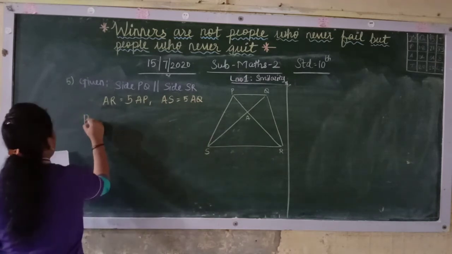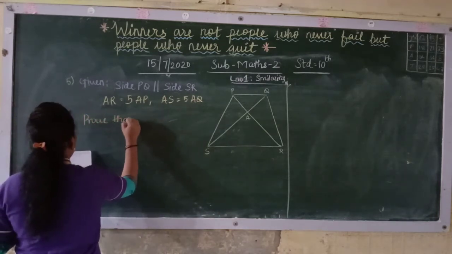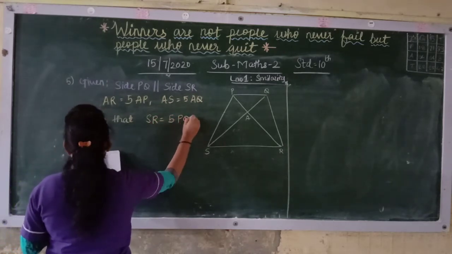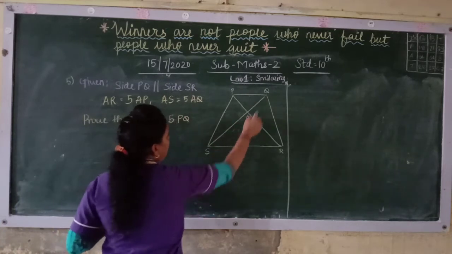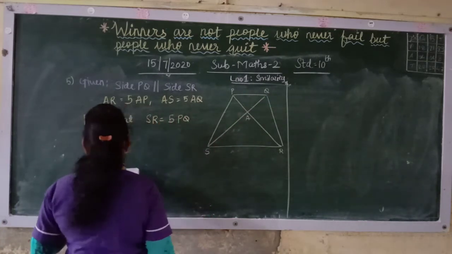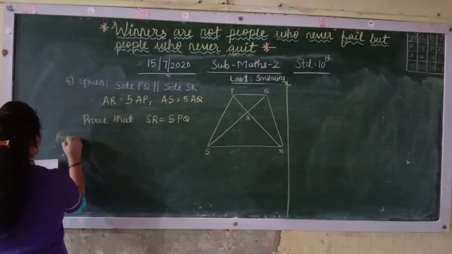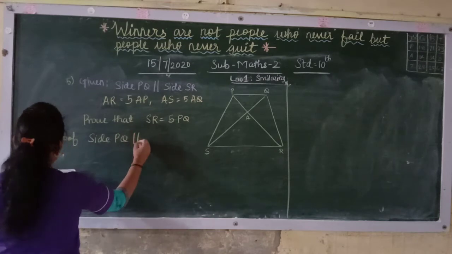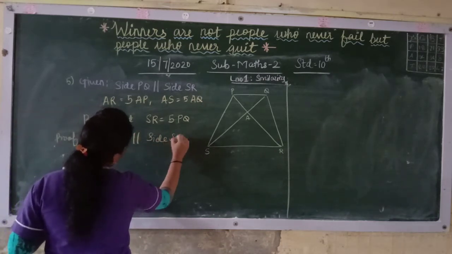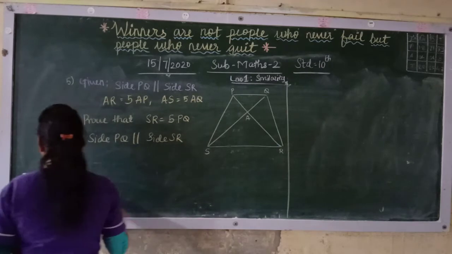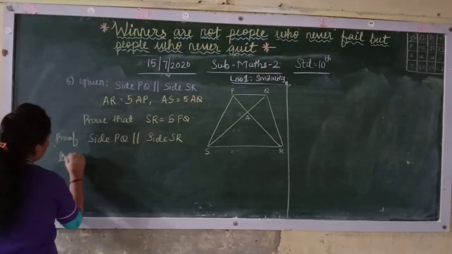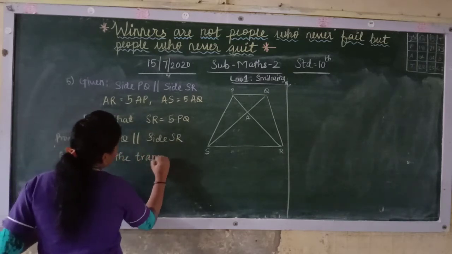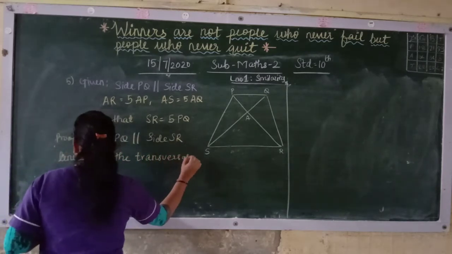You have to prove that SR is equal to 5 PQ. Now you will take these two parallel lines and this as the transversal, you will get alternate angles. So we will write that side PQ is parallel to side SR and line QS is the transversal.